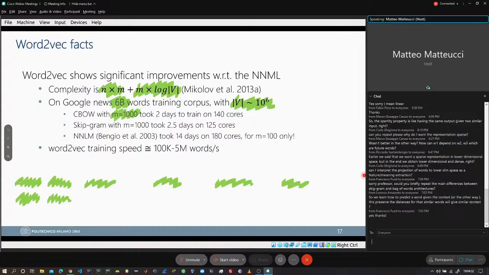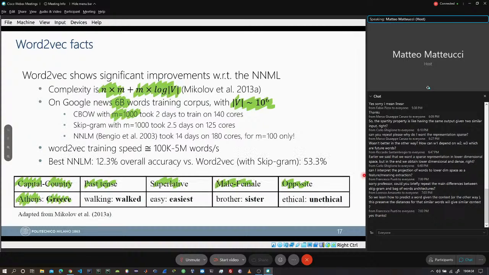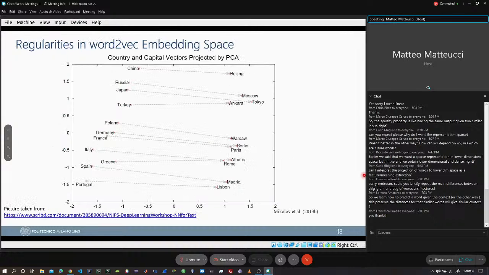Let me show you some results to conclude. There has been some very interesting visualization by taking this embedding space and looking at which words are close to which. So it turns out that countries are very close to one another.